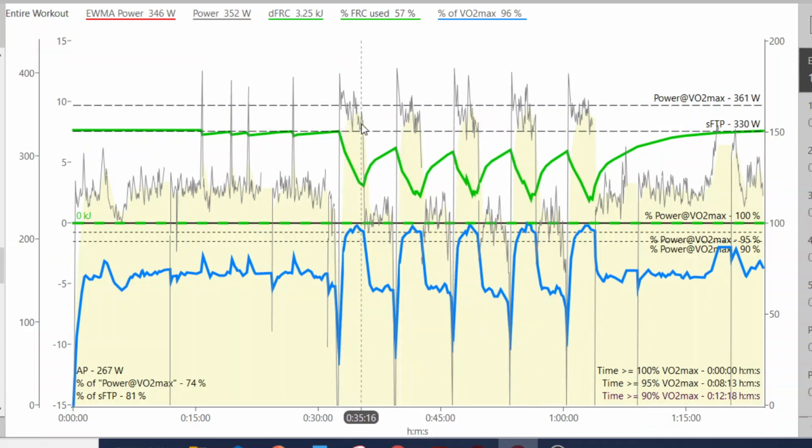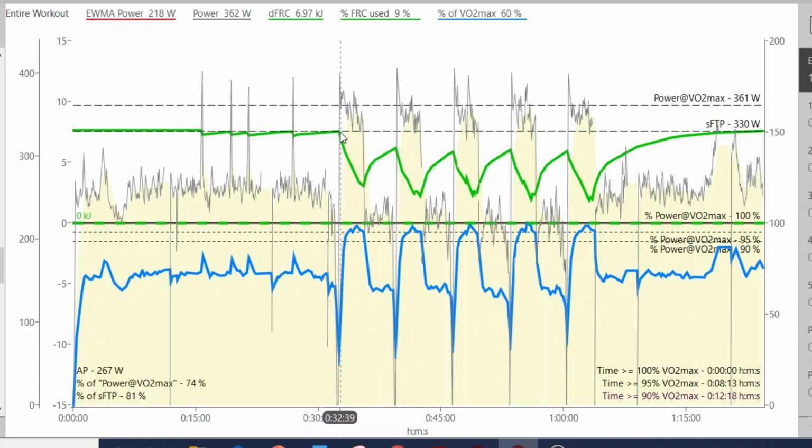Once we've dialed in the intensity and we've got to 5 times 3 minutes, then what I start looking at is dropping the recovery duration. I don't like messing around too much with the recovery interval intensity. I like the athlete to recover sufficiently that they can complete the workout, achieve the workout.